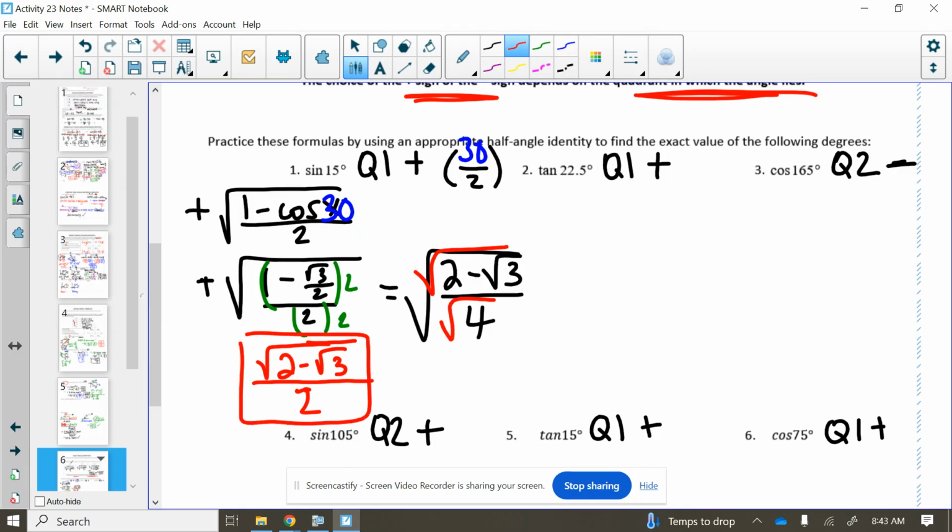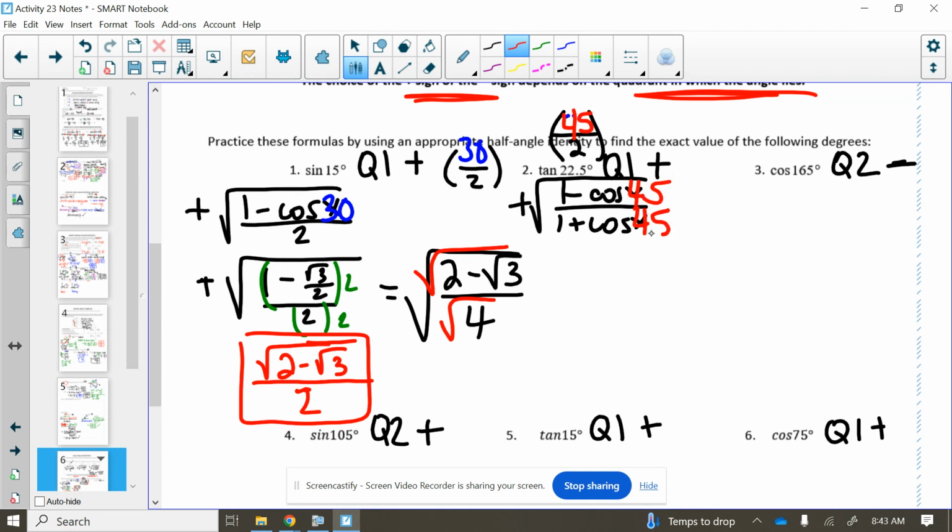For the tangent, we have to be careful. There's a couple different ways we could do this. If we use that first formula, we are looking for the square root of 1 minus the cosine of x over 1 plus the cosine of x. And again, this is positive since it's quadrant 1. What divided by 2 is 22.5? Well, 45 divided by 2 is 22.5.